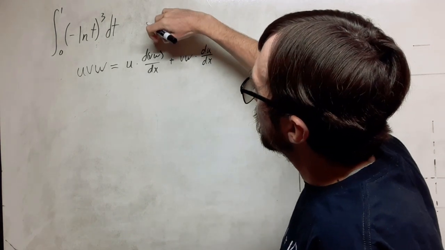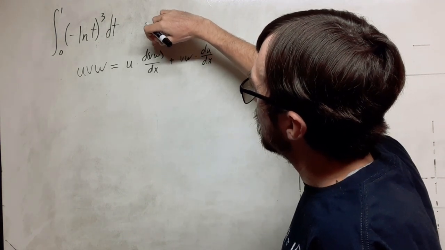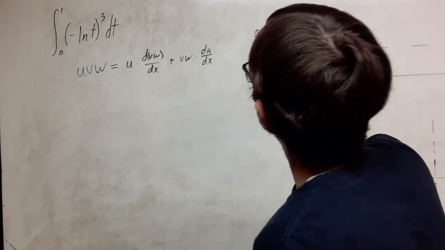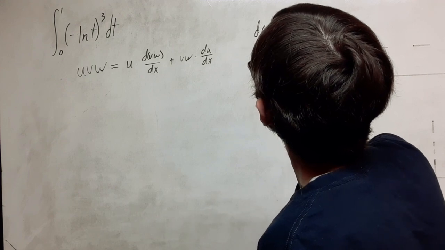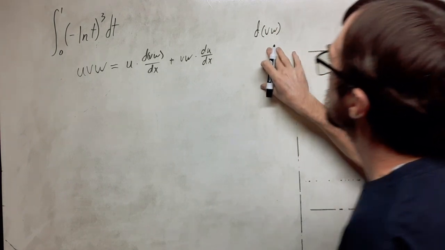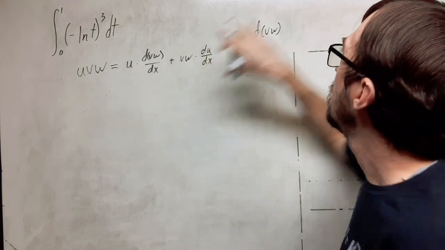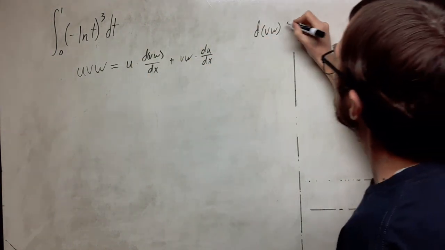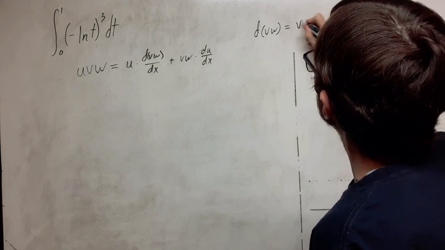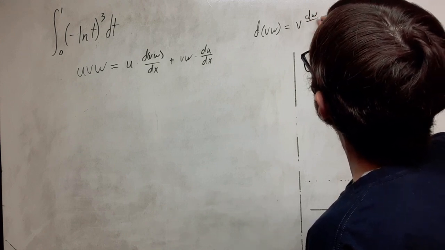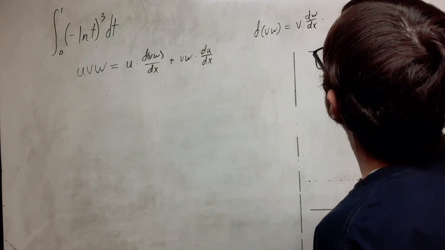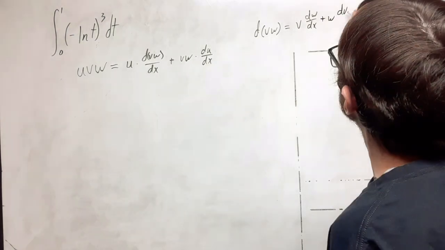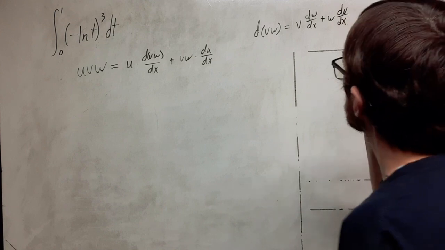We have to deal with this differential of vw over here, so off to the side we are going to look at that. We're essentially doing the same thing that we started out with, only with two functions instead of three. So we have v dw dx plus w dv dx.